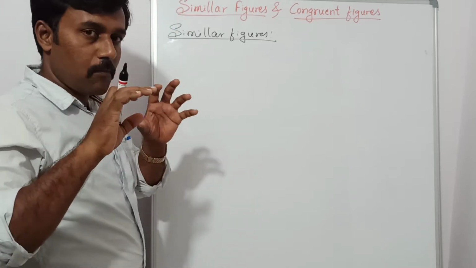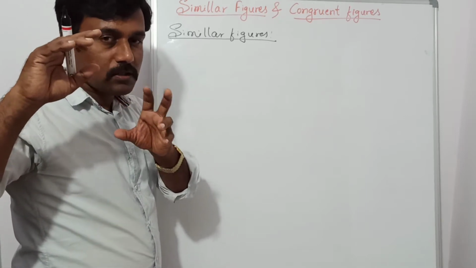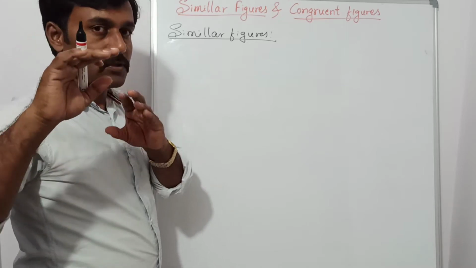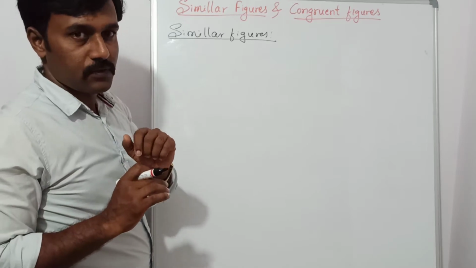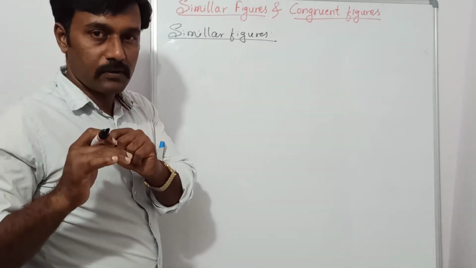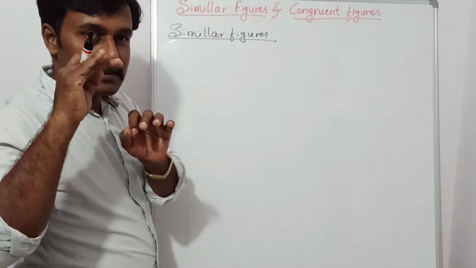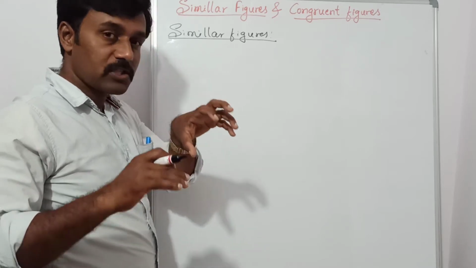The model looks exactly like what they want to construct, so it is exactly equal to that building, but in size they have differences. The model is very small and the actual building is huge. So there is a variation in their sizes, but they have the same shape.